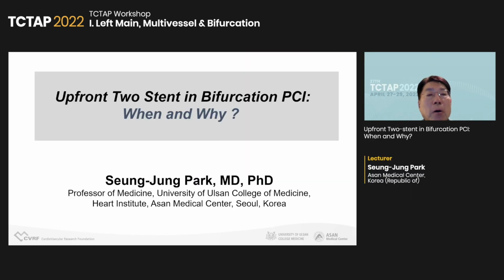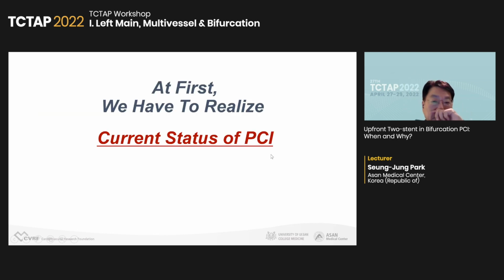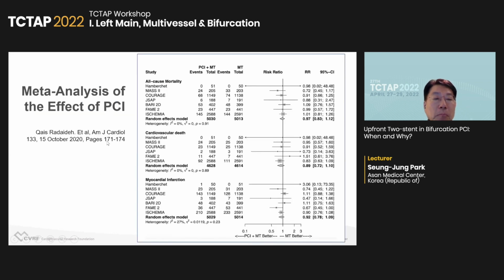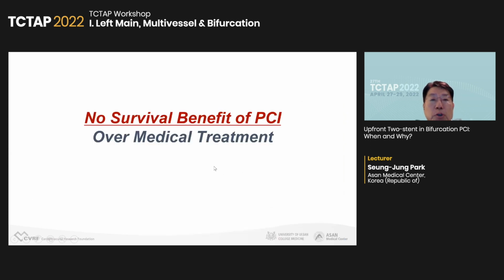I'd like to talk upfront about two stents in bifurcation PCI. Actually, it's any bifurcation, including the left main bifurcation and non-left main bifurcation, when and why. At first, we have to realize the current status of PCI. A recently published meta-analysis of the effect of PCI, including the ISCHEMIA study, analyzed almost 10,000 patients. Actually, PCI does not have any survival benefit over medical treatment.